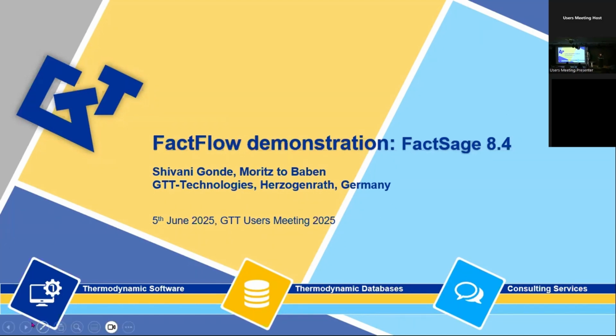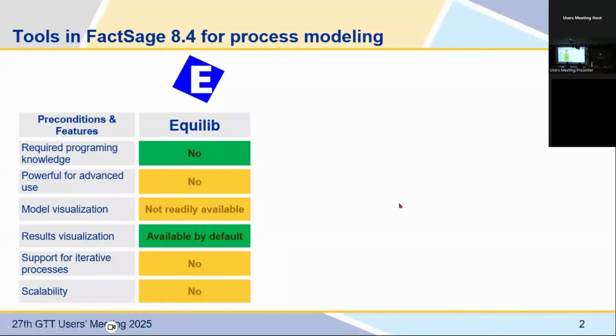So you have seen that I have introduced Equilib. You have seen that Equilib is very good in terms of no programming knowledge and also results visualization. You have a lot of flexibility in what you plot for small processes, or small equilibrium calculations. But for powerful advanced use, we wrote no here.